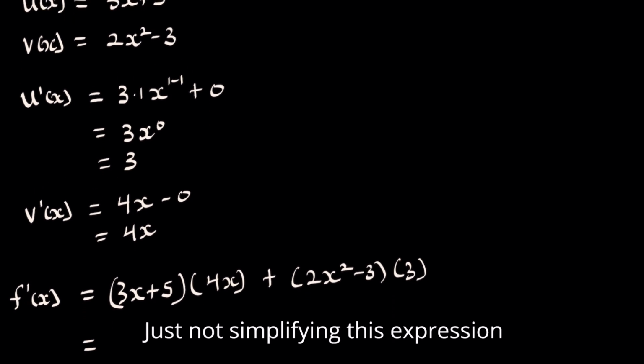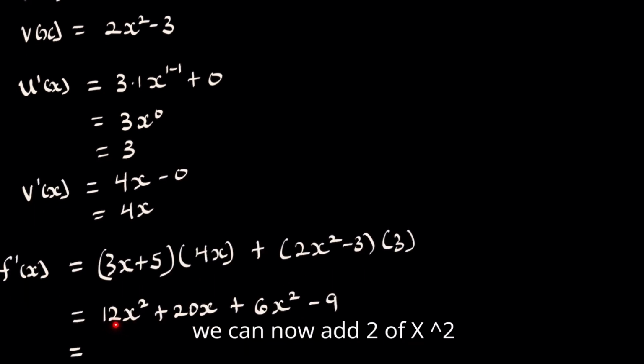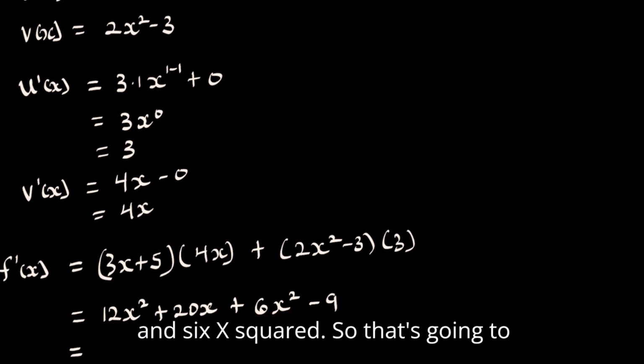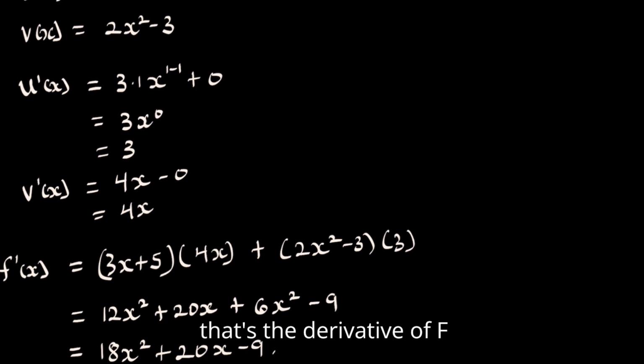So now simplifying this expression gives 12x squared plus 20x plus 6x squared minus 9. We can now add 12x squared and 6x squared. So that's going to give us 18x squared plus 20x minus 9. So that's the derivative of f of x.